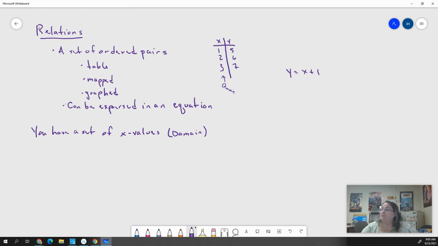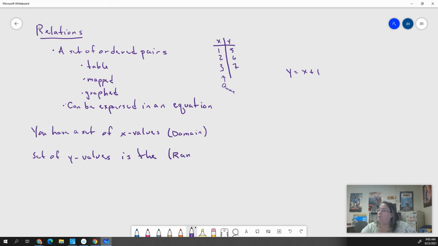So X is considered to be our domain, and it is our independent variable. Y is considered to be our range. The set of Y values is the range.